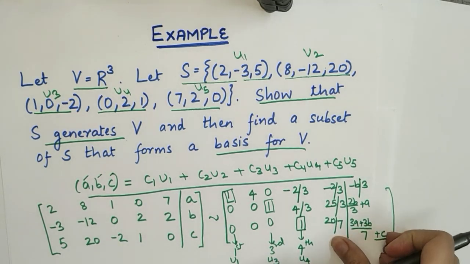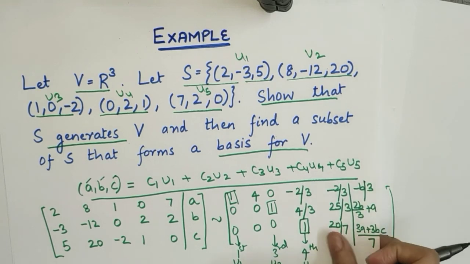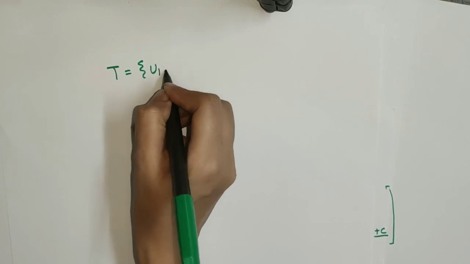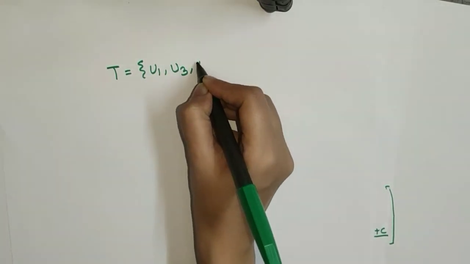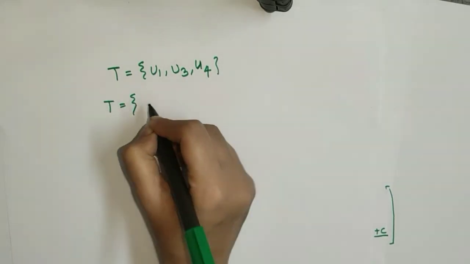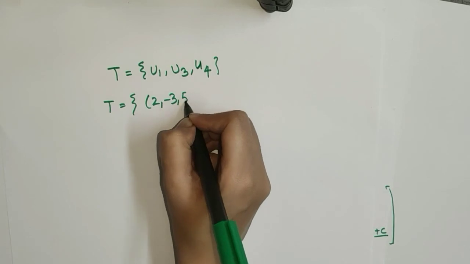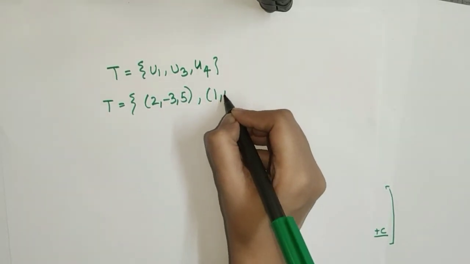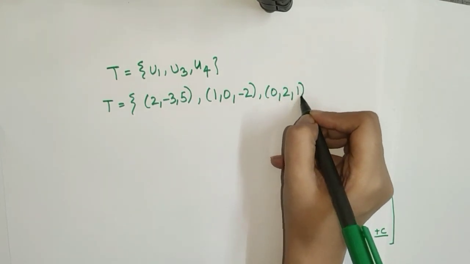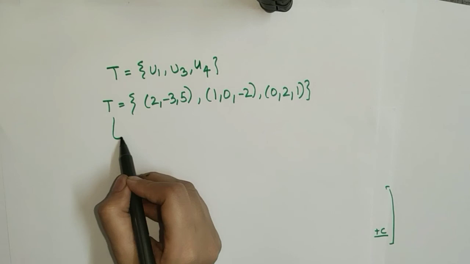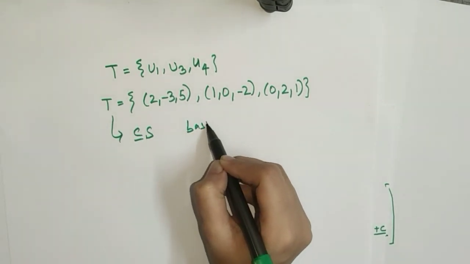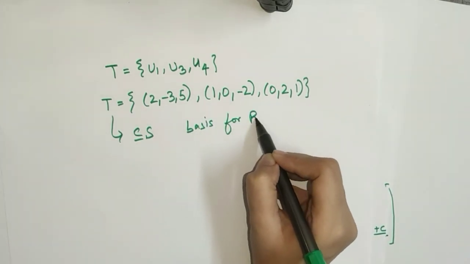So this means that the required subset of S that will form a basis would be T, which is equal to U1, U3, U4. That means T is equal to (2, -3, 5), (1, 0, -2), (0, 2, 1). So this is my required subset of S, that is a basis for R3.